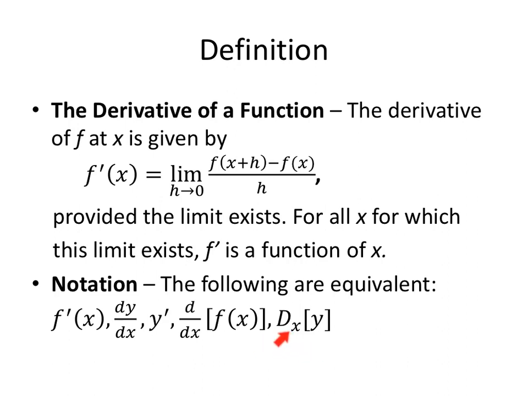The subscript or the denominator will tell you your variable, and in parentheses, or the variable in the numerator along with the d operator, is what we're finding the derivative of. So f prime of x tells us find the derivative, but d dx says find the derivative using x as your variable for the function f of x. Similarly for y.